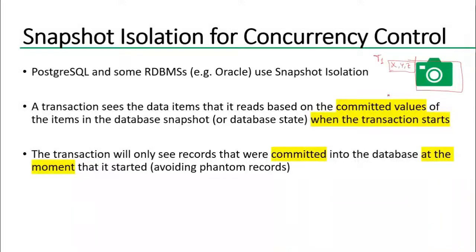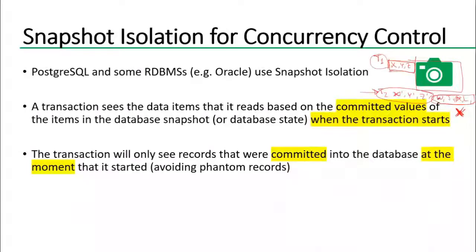If during transaction T1 another transaction T2 updates and commits these items, T1 will ignore this and keep working with its version. Not just this: transaction T2 can add new records to the database, and T1 may never see these new records.